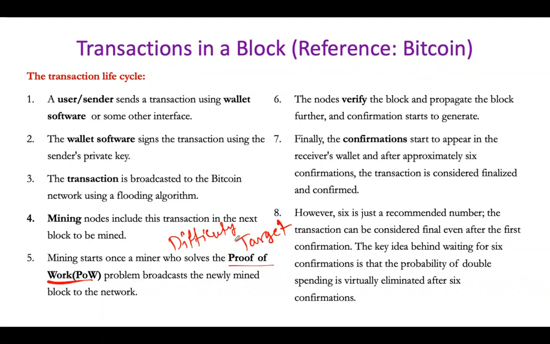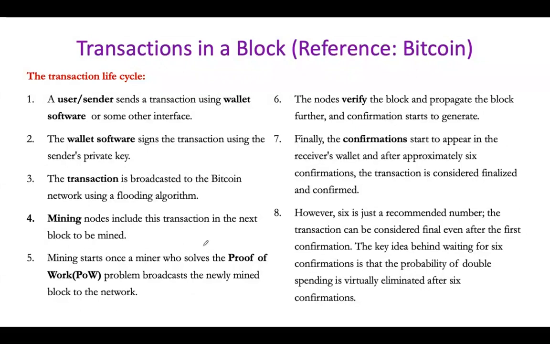That is, whether the target hash is greater than the previous hash or not. And then the miner who solved this proof of work problem broadcasts this new block into the Bitcoin network. So that will be received by every node in the network.